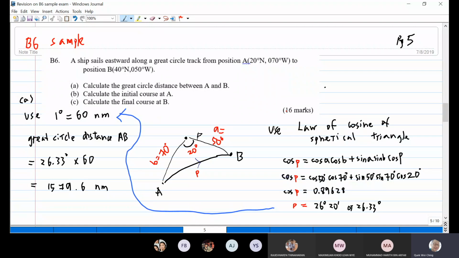So this one you have to memorize. When you measure the distance on the Earth, 1 degree is 60 nautical miles. So you multiply this one, then you can convert the distance into nautical miles.